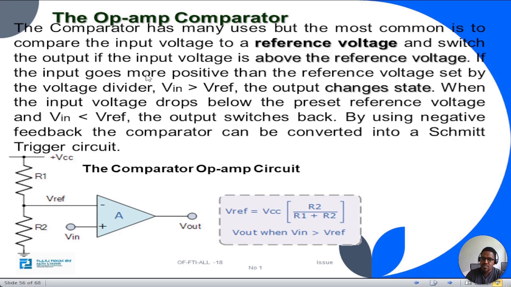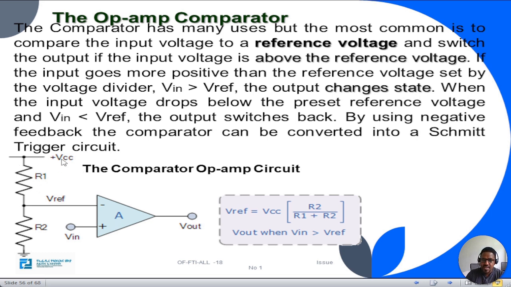If the input goes more positive than the reference voltage set by the voltage divider, Vin greater than V reference, the output changes state. When the input voltage drops below the preset reference voltage, Vin less than V reference, the output switches back. By using negative feedback, the comparator can be converted into a Schmitt trigger circuit. So this is our V reference.